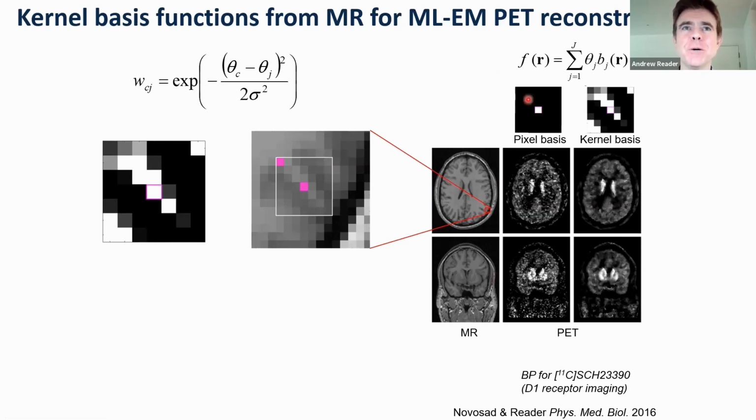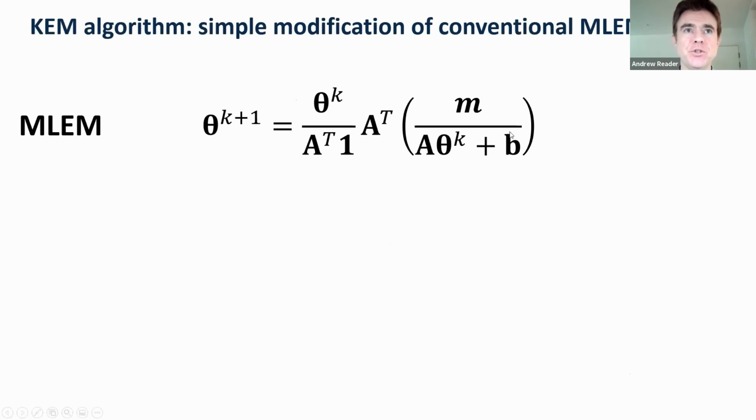Okay, so hopefully this slide is fairly clear, in terms of saying we're replacing pixels with these kernel basis functions. But the methodology that you've just seen in the earlier slide is kernel EM. And so the way this is done in practice is just using MLEM, maximum likelihood expectation maximization, or ordered subsets EM.